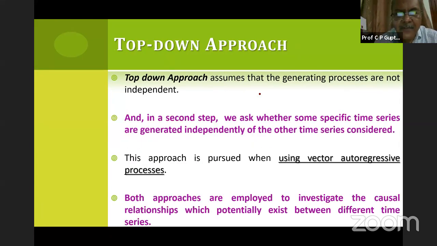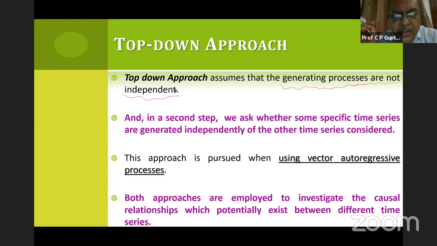Let's see what we have in a top-down approach. The top-down approach assumes that generating processes are not independent. That means there is a relationship. And in a second step, we ask whether some specific time series are generated independently of the other time series or not.